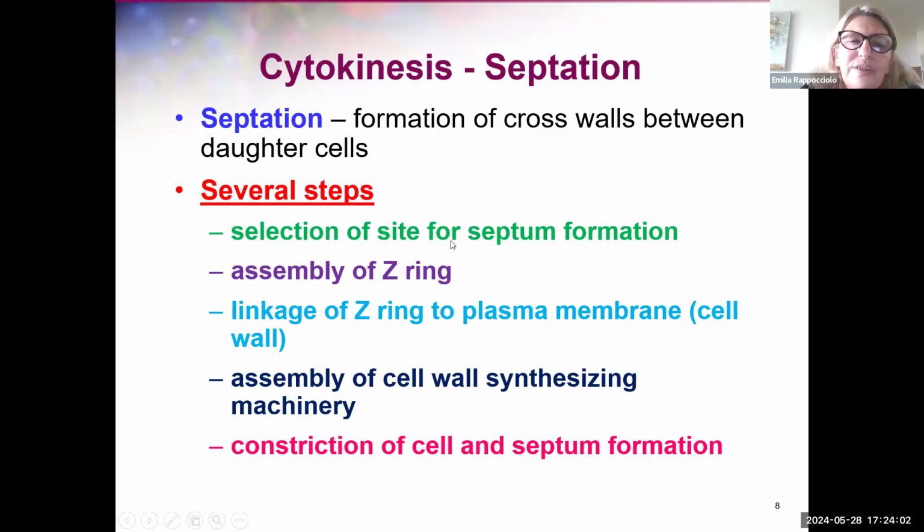So selection of the site, the location for making the septum, assembly of again several proteins of the cytoskeleton that form a ring that is called the Z ring, and then linking the Z ring to the plasma membrane, and assembly of the cell wall machinery, so that all the enzymes and whatever is required for building the cell wall goes there. Then the cell is constricted, squeezed a little bit, and then you have septum formation.